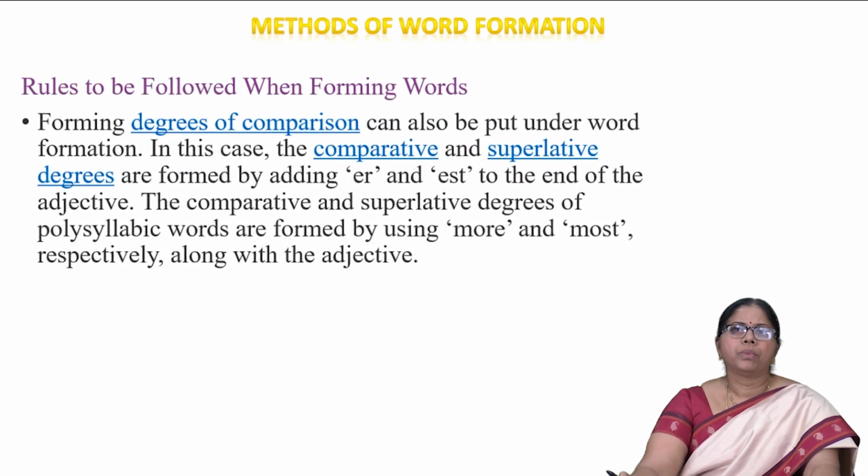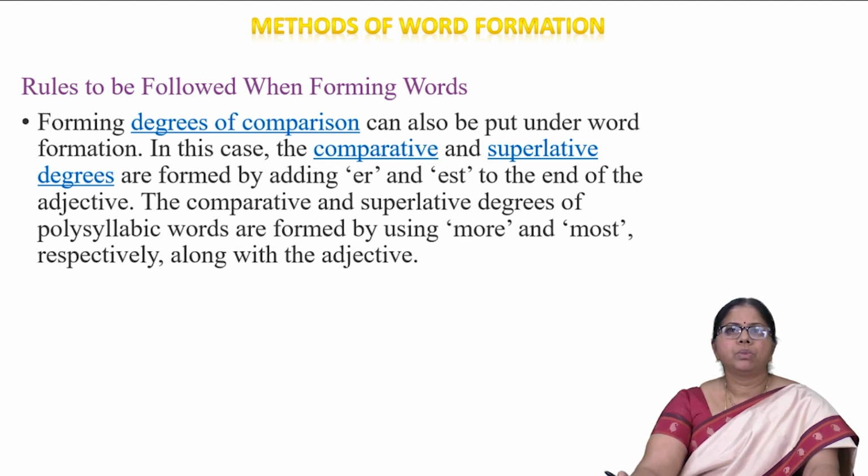Next, forming degrees of comparison can also be put under word formation. Degrees of comparison, like the superlative degree and comparative degree, also construct new words. In this case, the comparative and superlative degrees are formed by adding er and est to the end of the adjective.